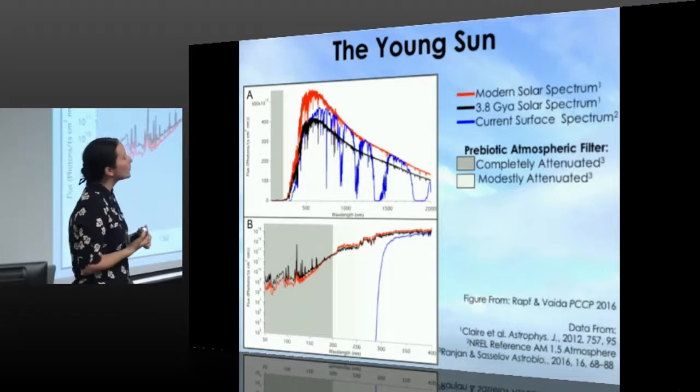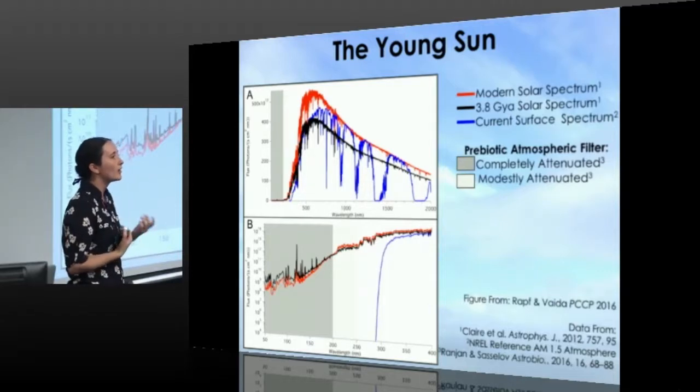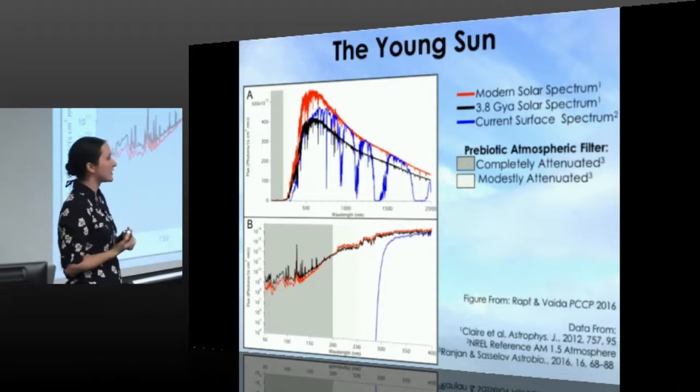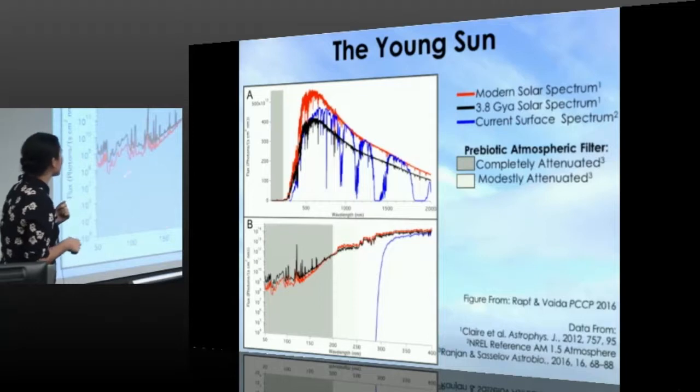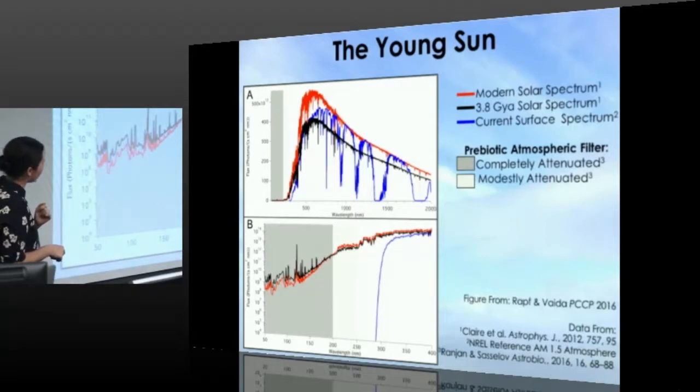We have guesses for what the prebiotic atmosphere was and what filters there would be. They're not, I would say, particularly well constrained. But most people agree that most of the wavelengths of light at less than 200 nanometers would be pretty much filtered by the time you get to the surface of the Earth, and that there would be some attenuation between 200 and 250 nanometers.